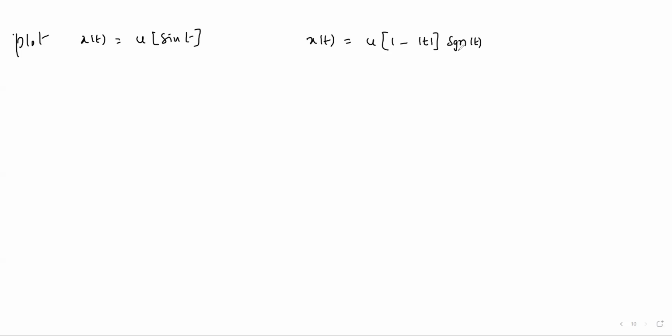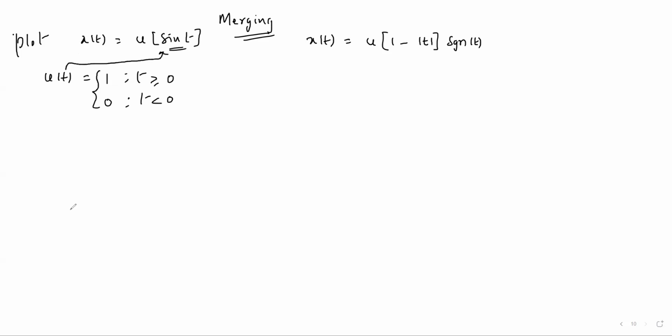Let us see first how to plot u of sin t. Simply, this is a merging of signals. U of t and sin t are both merged here. To plot this kind of signal, consider the basic definition of u of t: it is 1 if t is greater than or equal to 0, and 0 if t is less than 0. What he has given is u of sin t, that means t is replaced with sin t.